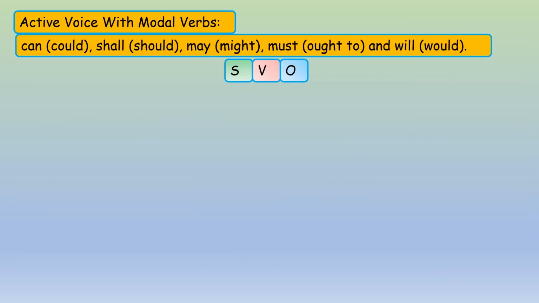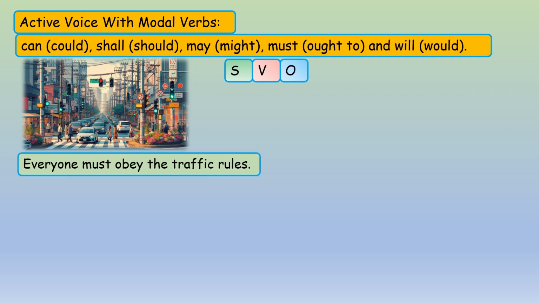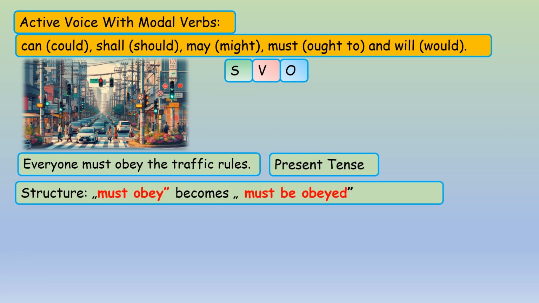Active voice with modal verbs. Can, could, shall, should, may, might, must, ought to, and will, would. SVO stands for subject, verb, and object. Let's take a traffic situation. Everyone must obey the traffic rules. Present tense.